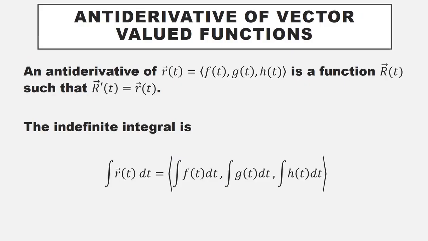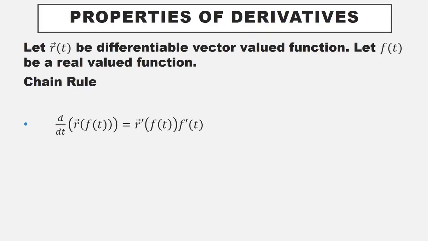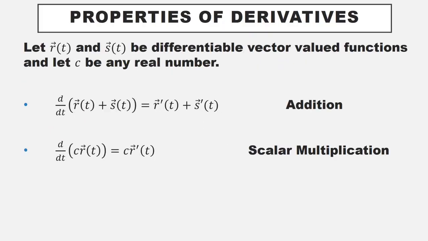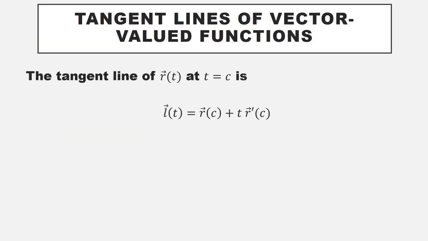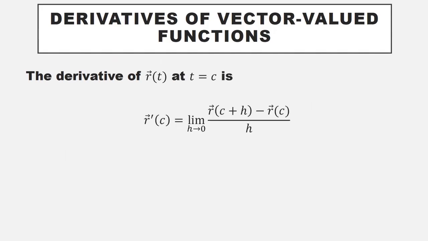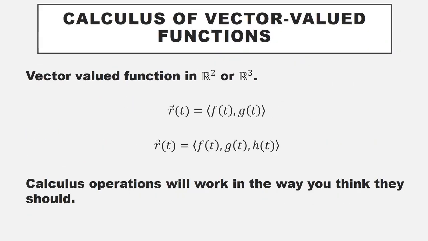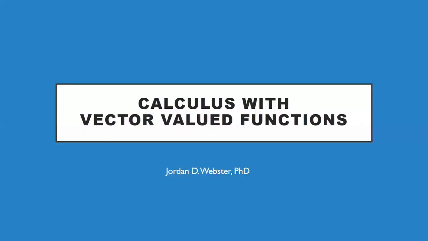We found some rules and properties for derivatives, and also how tangent lines worked with derivatives in three-dimensional space, how limits and continuity work in three-dimensional space. So a lot of our basic ideas of calculus can be applied naturally to our vector valued functions. And that's what we did in this video.